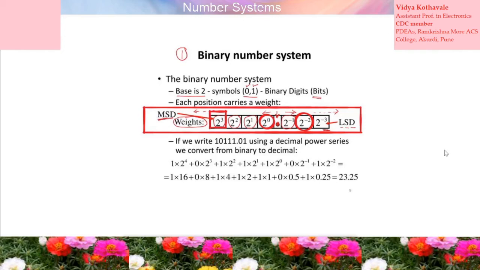The point to be noted here is that the base of the binary number system is 2, and therefore everywhere the weights are indicated with 2 raised to the power.